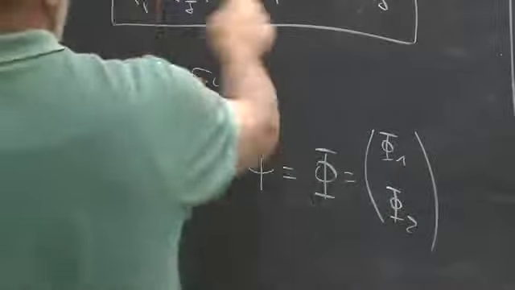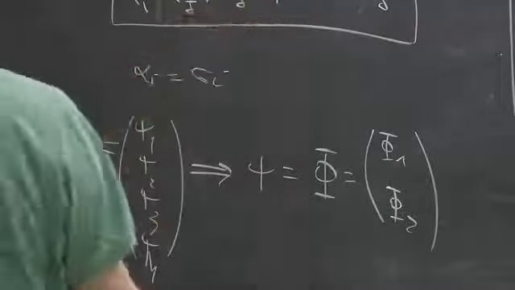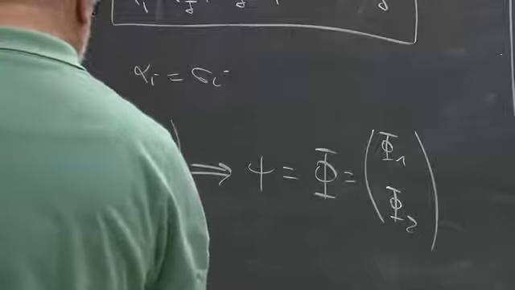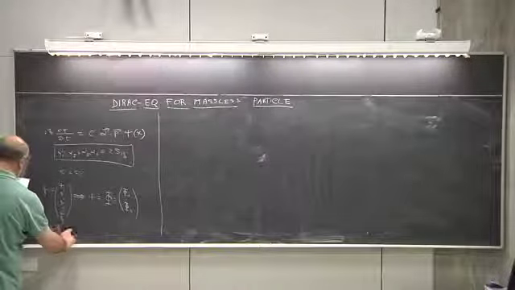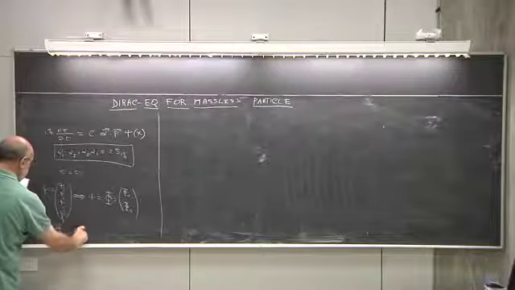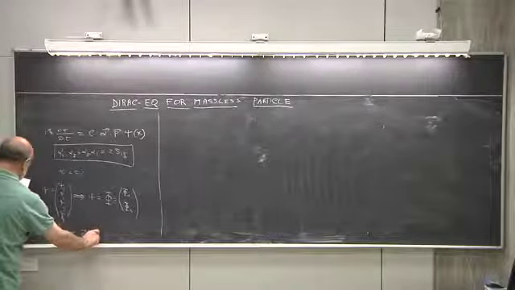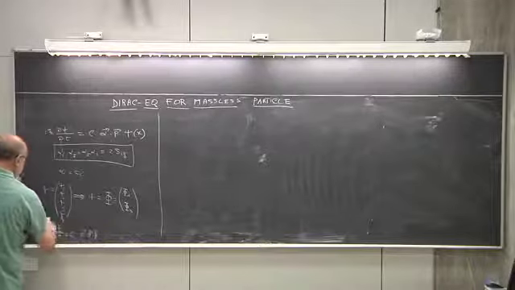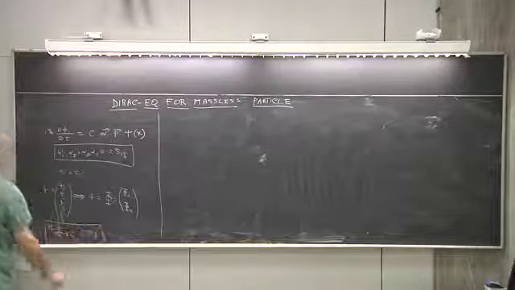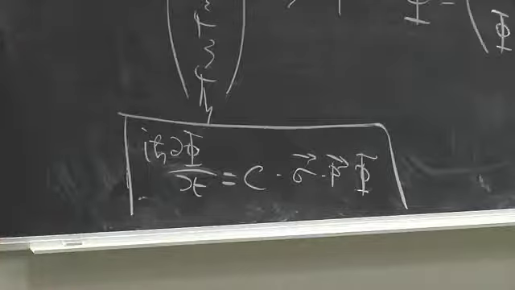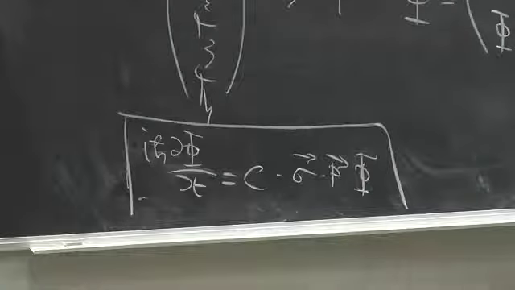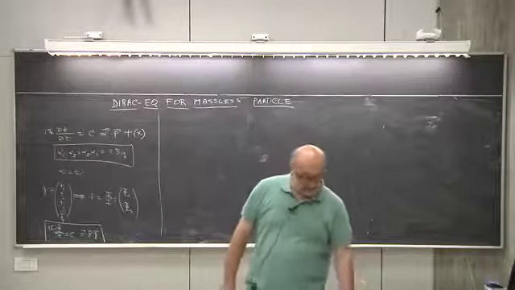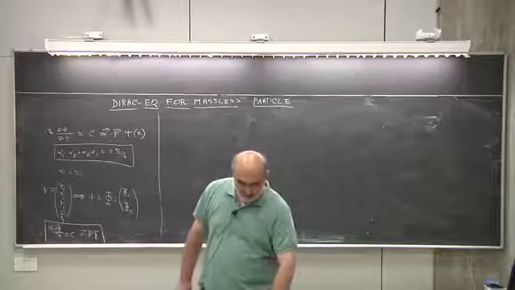Okay, and the equation then becomes i h-bar d phi dt equals c sigma dot p on phi. And so you see the Dirac equation for the massless particle is equivalent not to a 4 by 4 equation, but to a 2 by 2 equation.